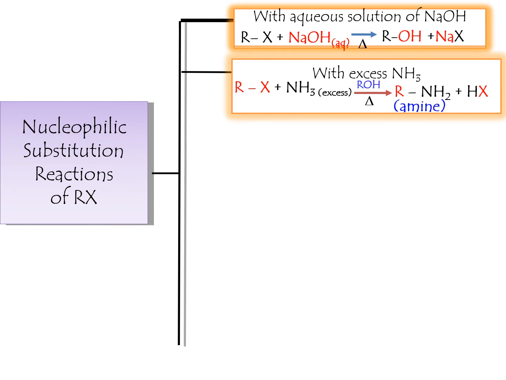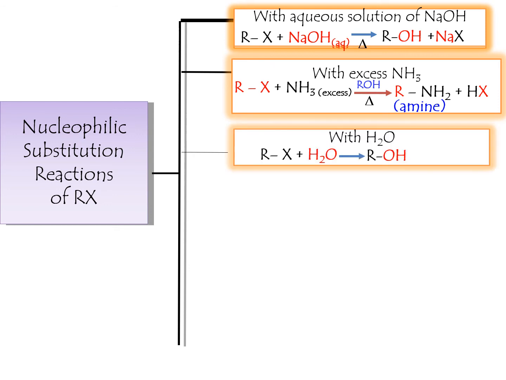When haloalkane is heated with excess ammonia in alcohol, the halogen atom is replaced by amino group NH2- to form an amine. The nucleophile is NH2-. Alcohol is formed when haloalkanes react with water. The nucleophile is OH-.